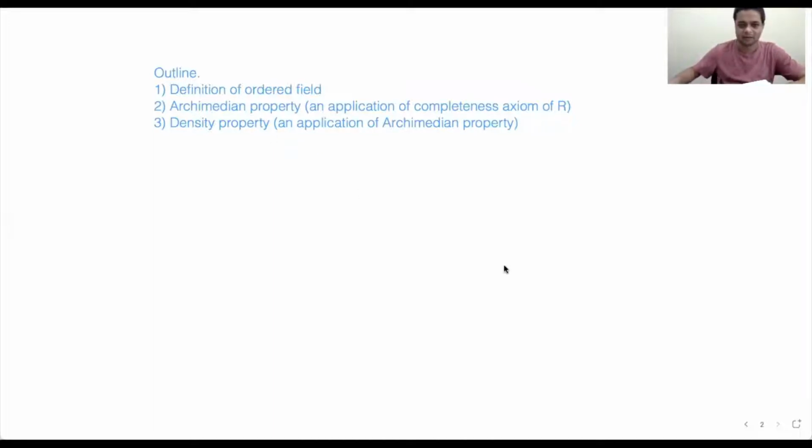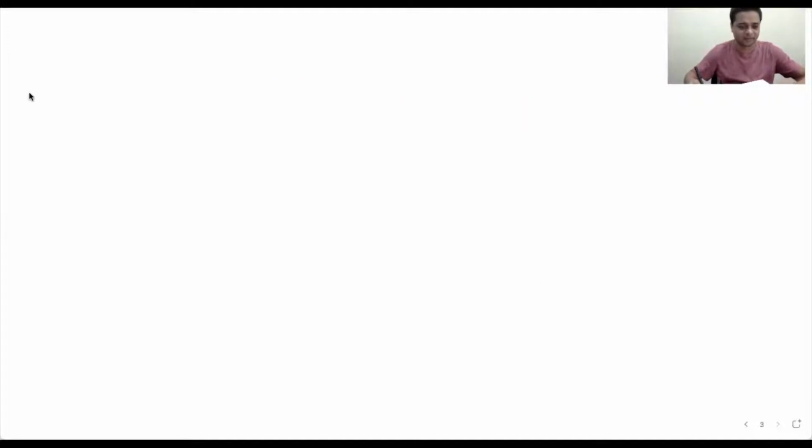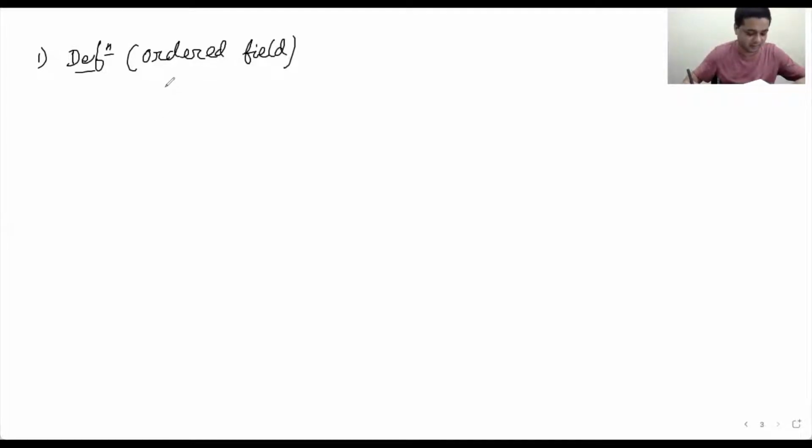Okay, so let us define an ordered field. Here is the definition. Definition: ordered field. Last time we defined fields.